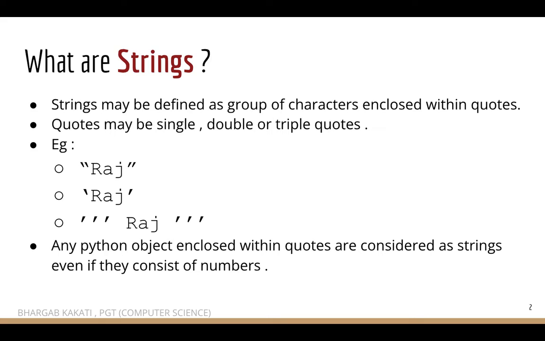So it's not like inside the quotes we need to have only alphabets. Inside the quotes you can have numbers also, or a mixture of numbers and alphabet characters. For example, if I write 281, normally it is an integer, but if I write 281 within quotes, then it will be termed as a string.